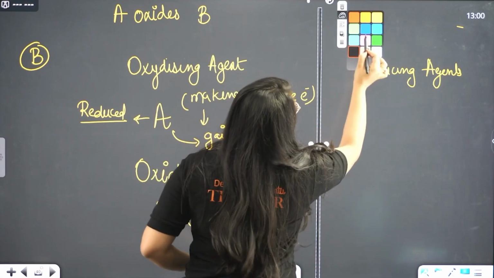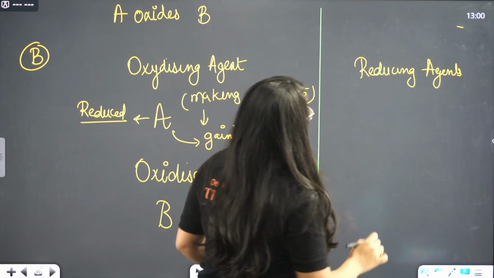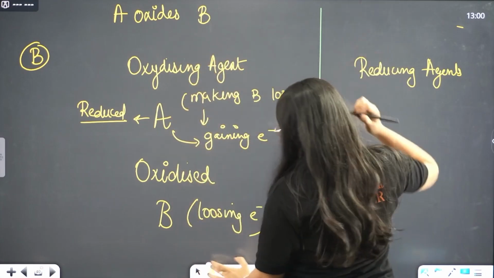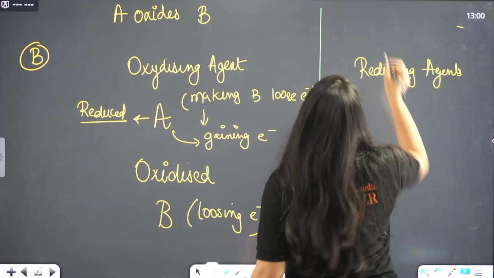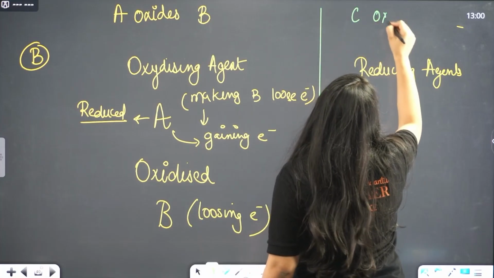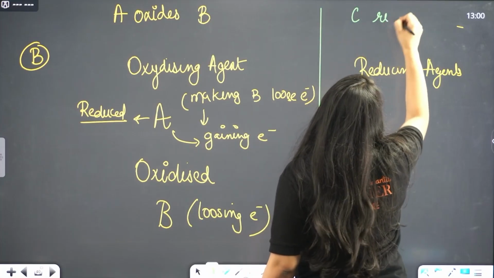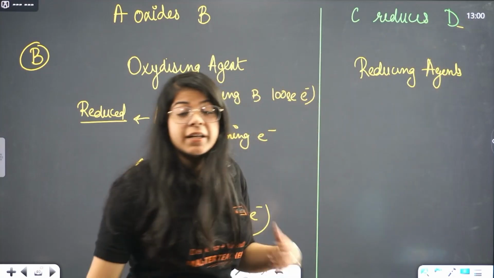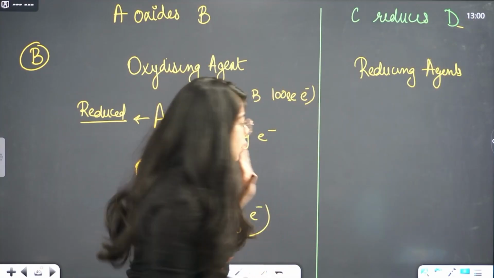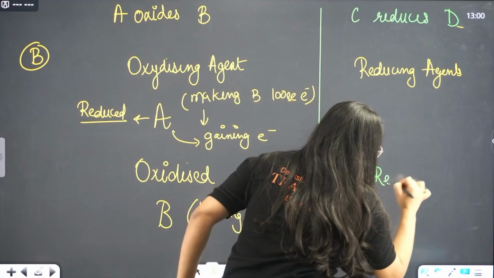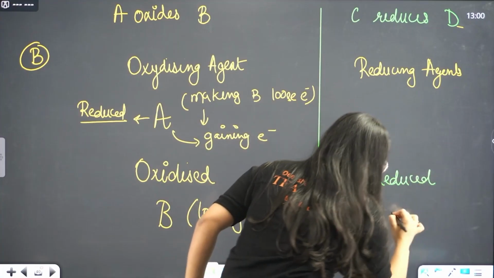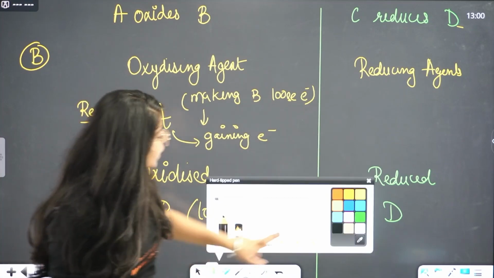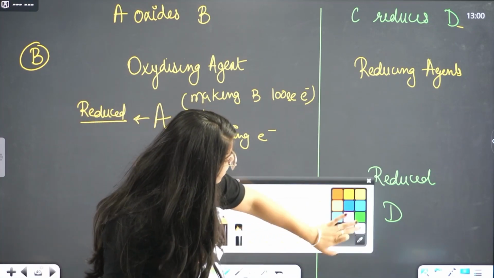Okay. So now let's see reducing agent. Let's do it with another example. C reduces D. So what is reduced? D is reduced. This is clear. Reduced is D. But how is D reduced?